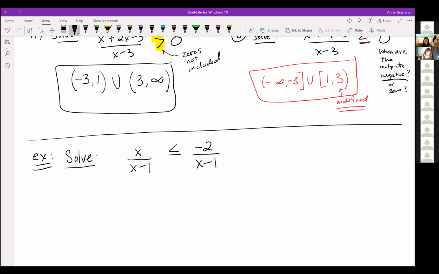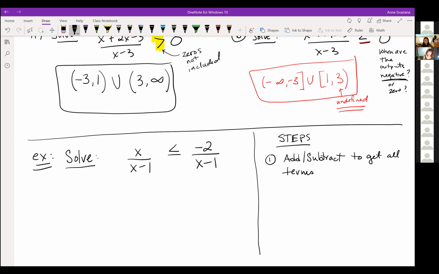On the left-hand side, I'm going to outline the steps. Number one is you want to add or subtract to get all terms on one side of the inequality.